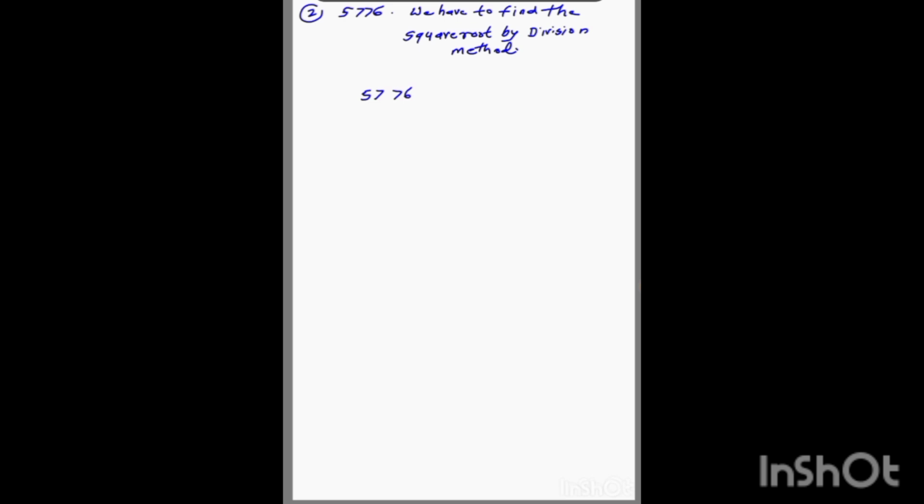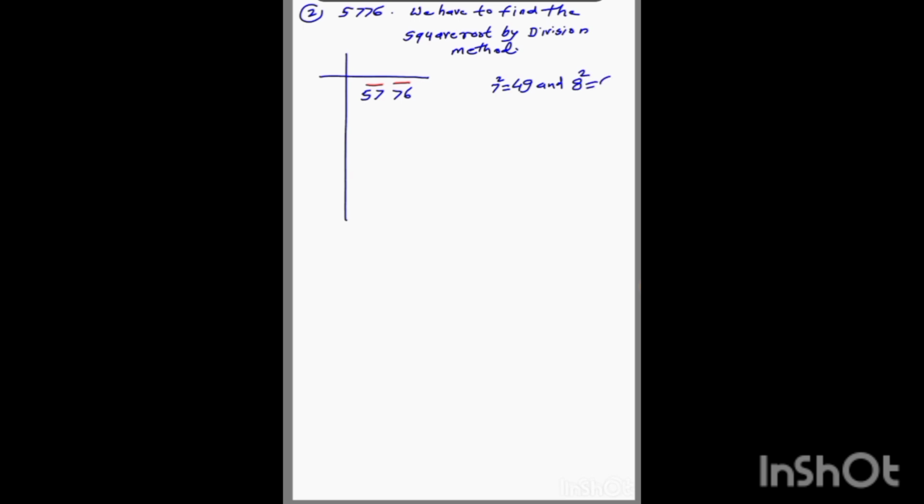Take 5776, draw the horizontal and vertical line, and then put the bars on the pairs from right to left: 76 on the right hand side, and 57. See this here, marked in red. Consider only 57 and see which square number lies just below it. 7 square is 49, 8 square is 64.